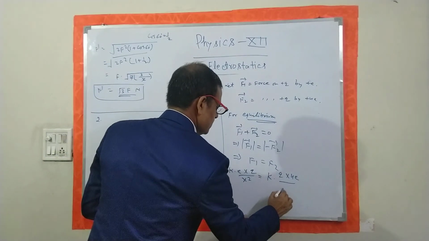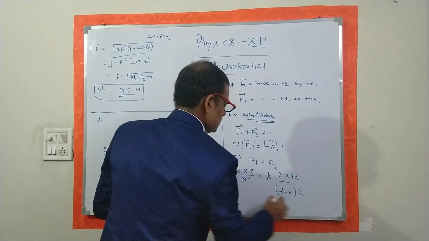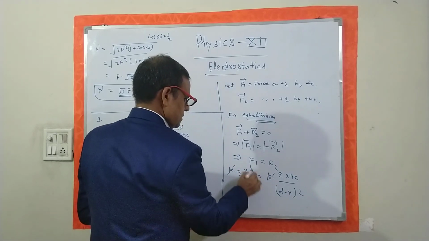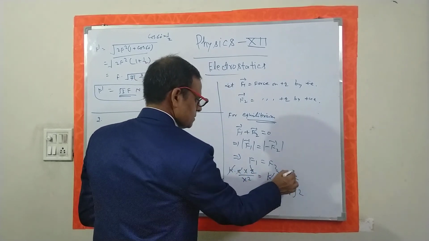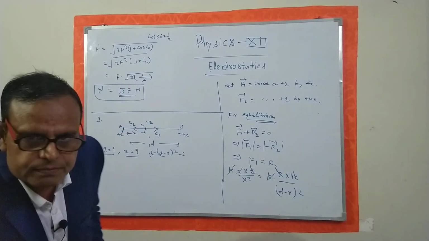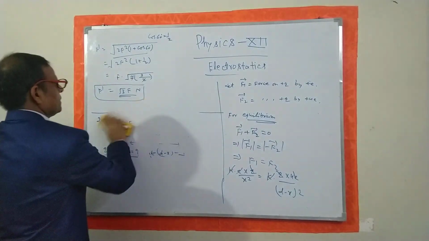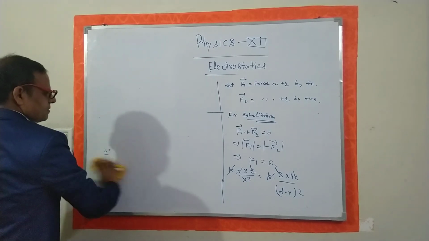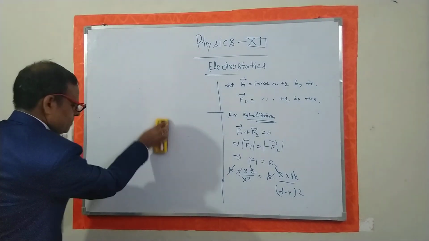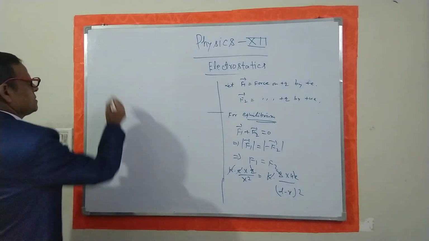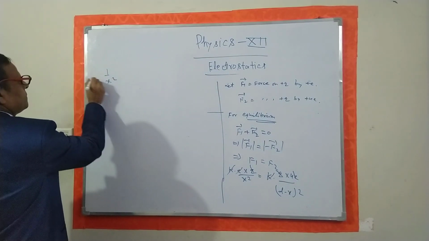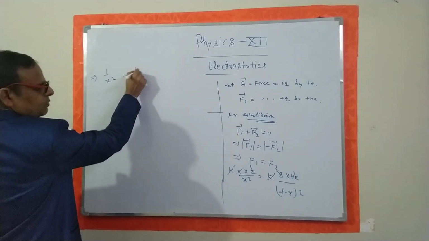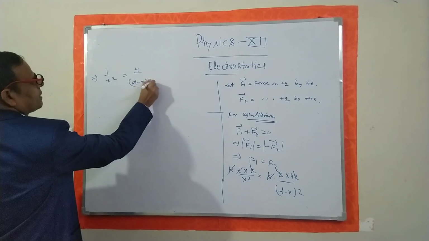K cancels, Q cancels, small e cancels. Now the calculation is very easy, and that easy calculation will be: 1 by X square is equal to 4 by D minus X whole square.